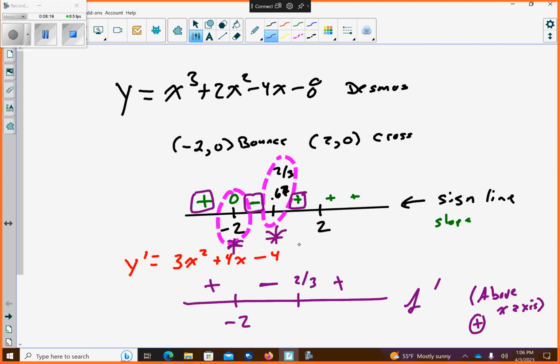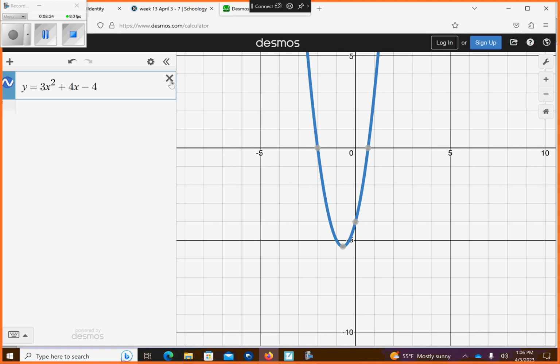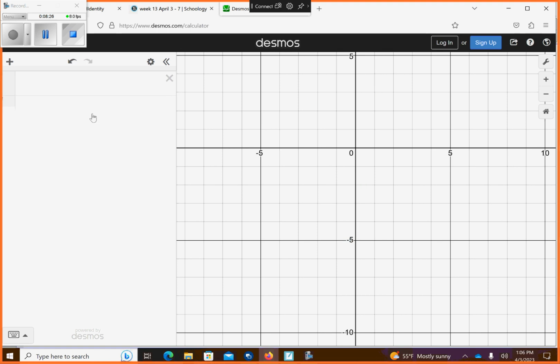Now, let's go a little bit bigger function. Let me see if I can multiply this out.